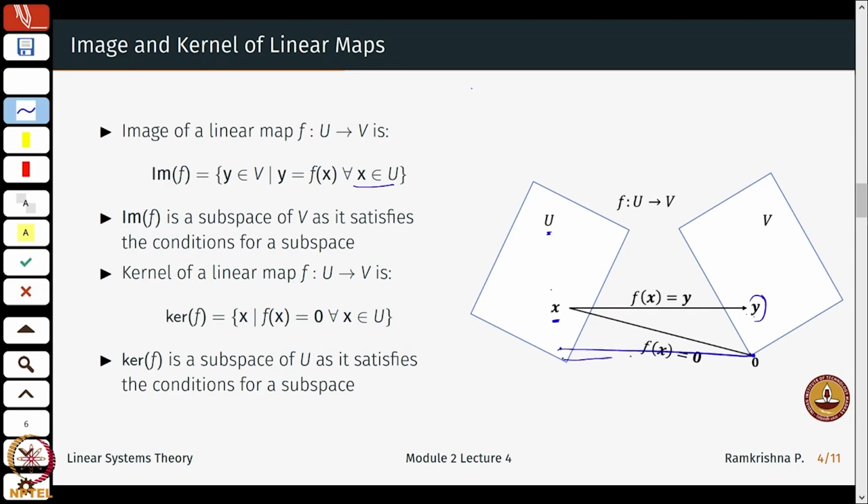So, that is called the kernel, and it's easy to check, and it's a small proof which you can do by yourself, that the image is a subspace of V, and it is trivial to check that it satisfies the conditions of a subspace, that all the properties of V over F are carried on to the subspace. Similarly, the kernel is a subspace of U, right. This is the set of all x's which come from U. This is also a subspace, and it's easy to check that it also satisfies the conditions for a subspace. I'll not do the proofs for this, but you can do this as an exercise for yourself.